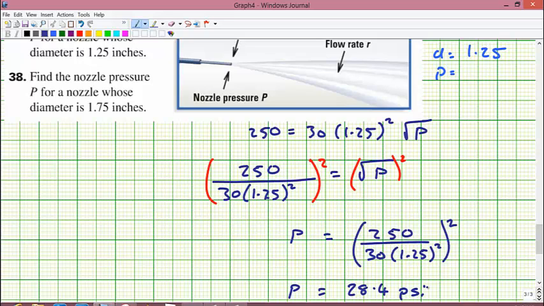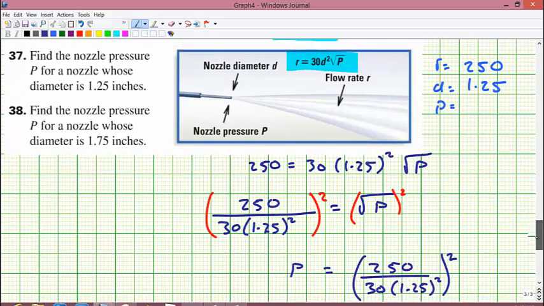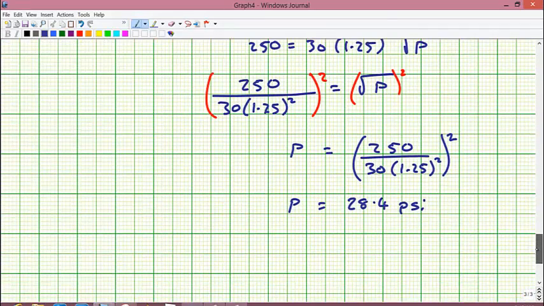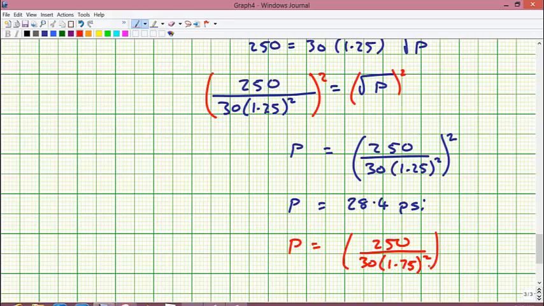Second problem, exactly the same question, but this time the diameter is 1.75, and we can put that directly into our problem here. So in this case, we'll do it in a different colour. P would be 250 over 30 times 1.75 squared.